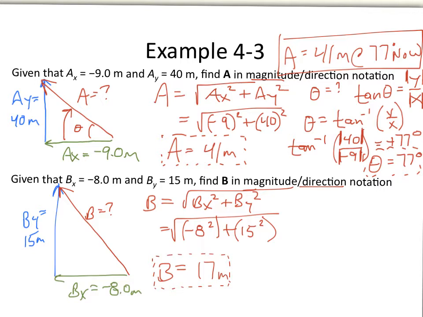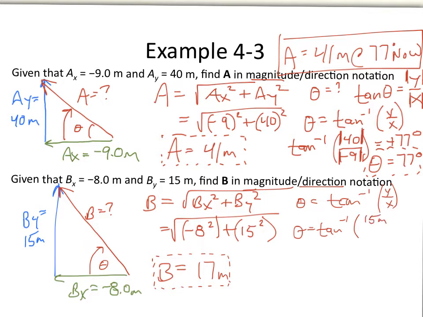Let's see if I can save a little space now at the bottom to put our final answer. Now let's solve for our angle theta. What is this angle right here? Theta is going to be the inverse tangent of what over what. Remember, this is going to be absolute values, so it's the inverse tangent of your y over your x. So theta equals inverse tangent of, what's our y? That's 15.